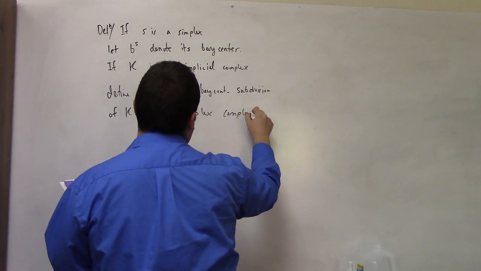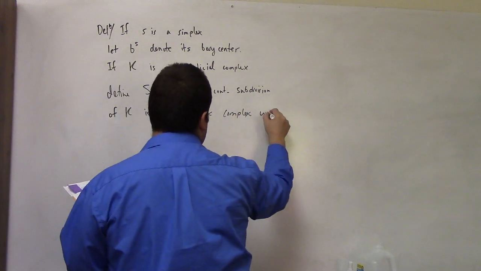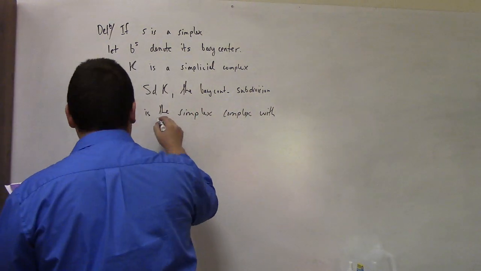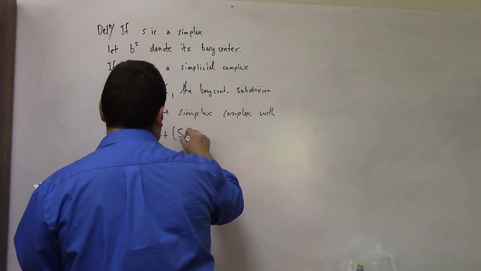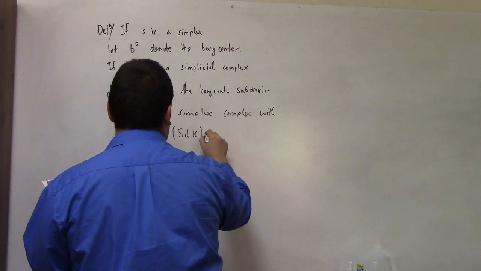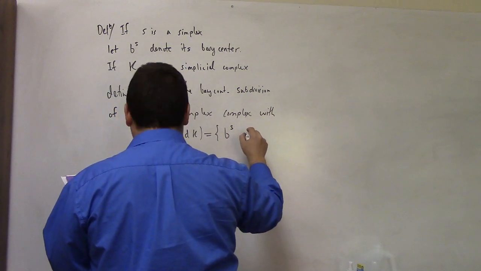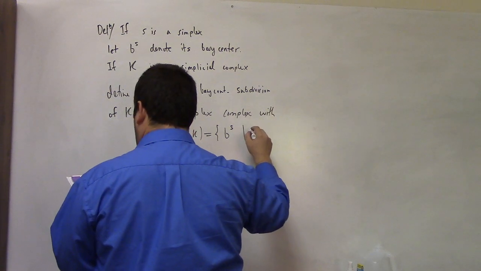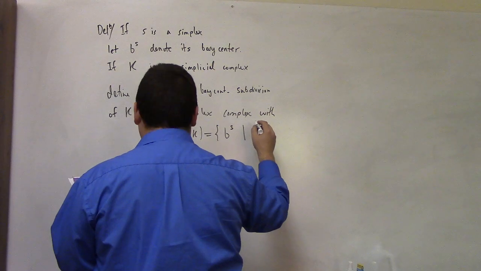Why are there so many words in this book? With Vert(SD K) equal to the set of barycenters of simplices where the simplices are taken from K.